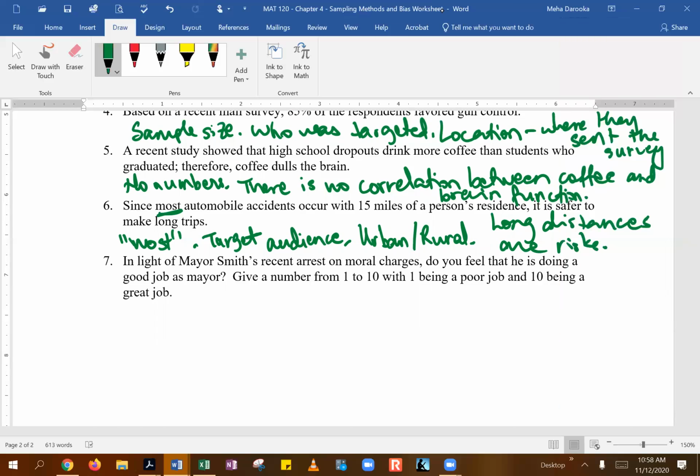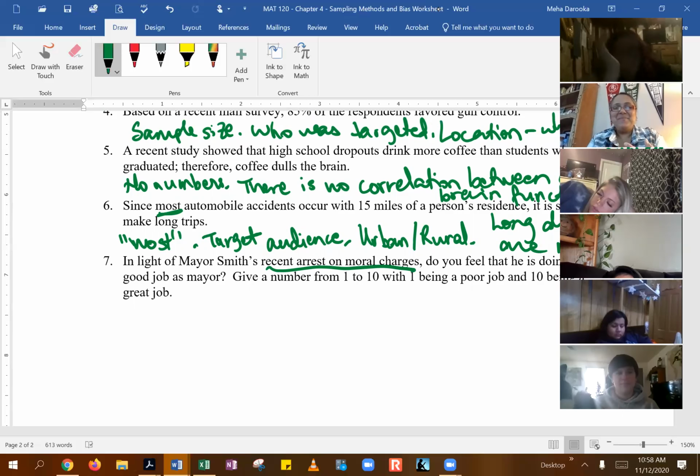Yeah, because they are already telling you his recent arrest on moral charges, so they're already throwing the bias in there, right? Because they're like, oh my God, he got arrested for something he did. So what do you think? Obviously, most people, if they're not aware of the situation, will say, well, he got arrested, and they're saying moral charges, right? They're not even laying out what the specific charges are.